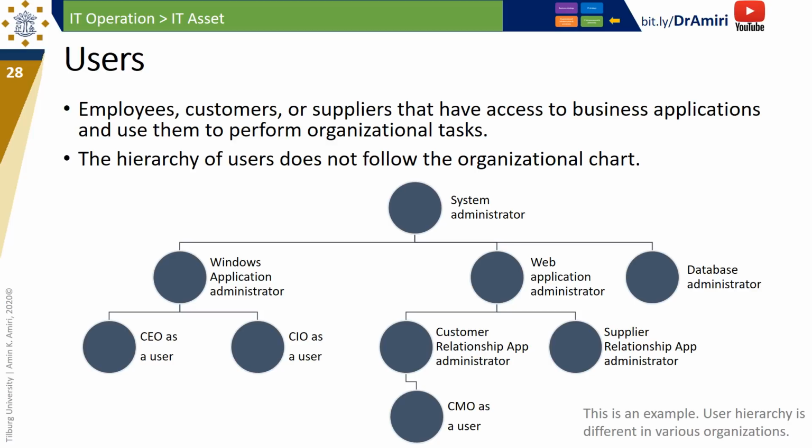You see a system administrator at the top, and some other lower level administrators of different Windows and web applications and databases and infrastructures. And then those administrators are allowing the CEO and CIO to use the applications. So the power dynamics in the IT world is completely different from the power dynamics in the real world.